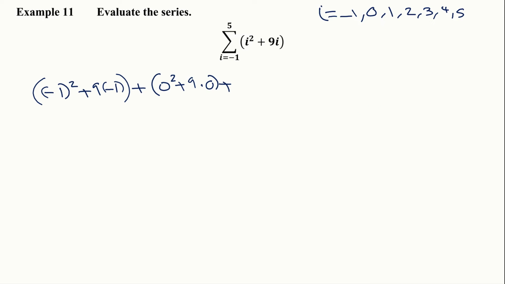All right, and then now we're at value 1, right? We ran through negative 1 and 0. Now we're going to 1, so we get quantity 1 squared plus 9 times 1.